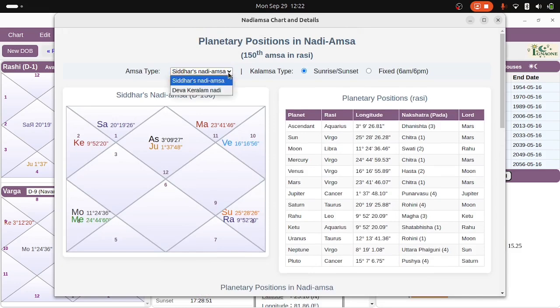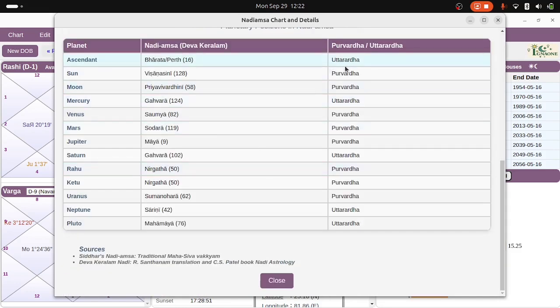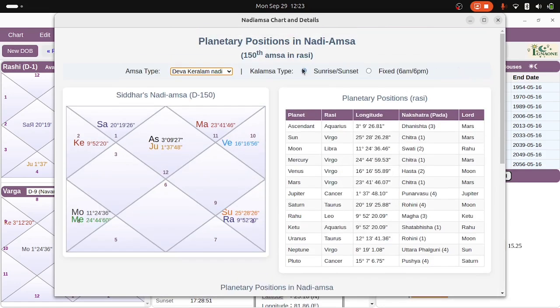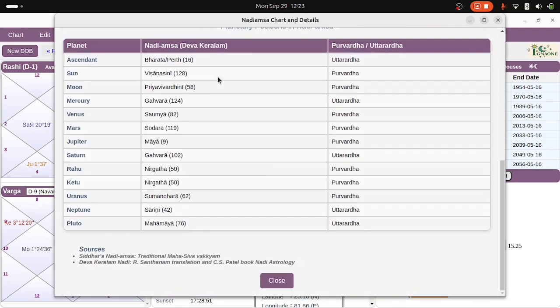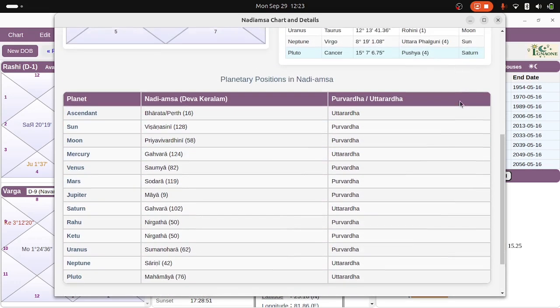As you saw when I went to the other one, that goes away. You don't have any sign or planets. You see that in Dev Keralam. So there is no Bhav Madhya concept here because you don't have any sign. This is what is there in the public domain in Deva Keralam.